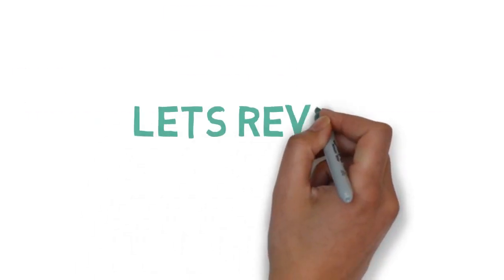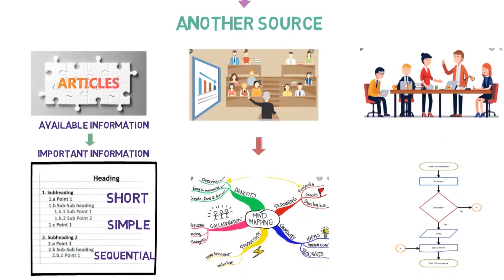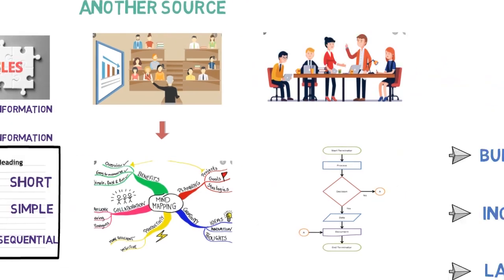Let's quickly revise what we learned in this lesson. Firstly, we understood what is note making. Note making is the practice of recording information from another source in a short, simple and sequential manner. The source could be an article, a lecture, a meeting or a discussion. And the way of recording it could be linear note making or non-linear like mind mapping, flowchart or tree diagram.